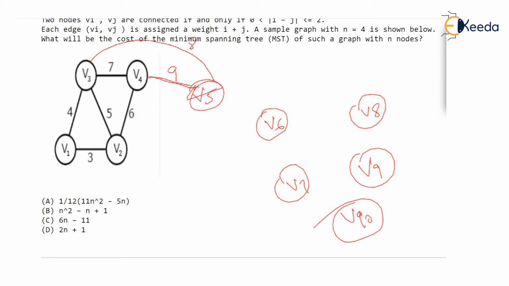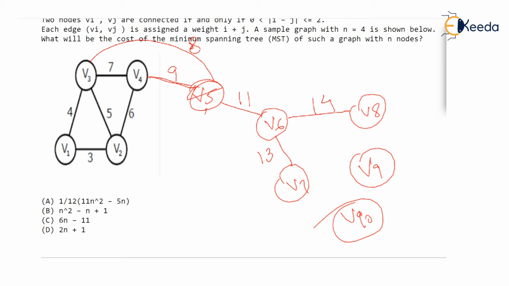V5 and V6 will be connected with a weight of 11, correct? And V6 and V7 will be connected, because again the difference between the indices is 1, with a weight of 13, 6 plus 7, and V6 and V8 will be connected with a weight 14. Just don't go very far. You just check V5 and V7 also will be connected, isn't it?